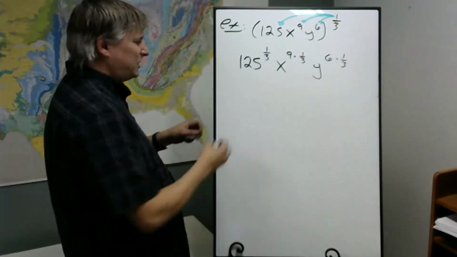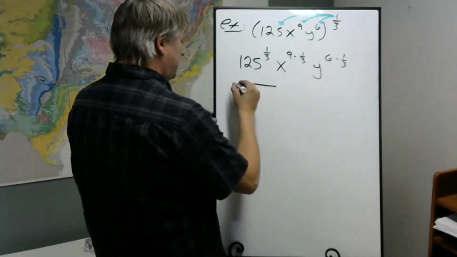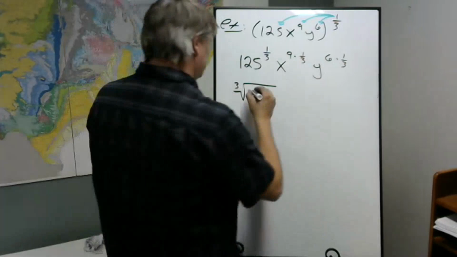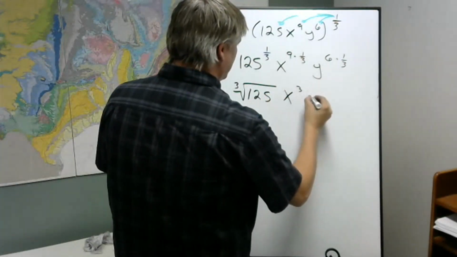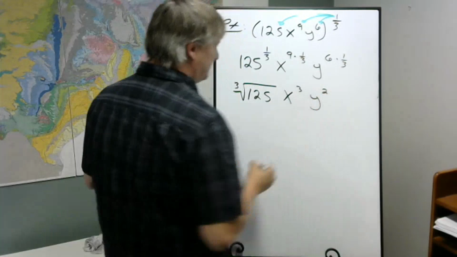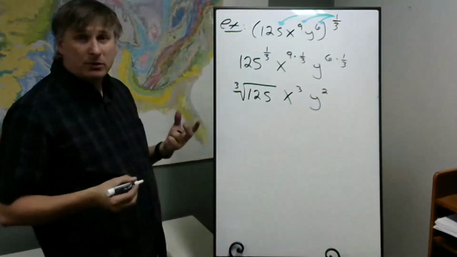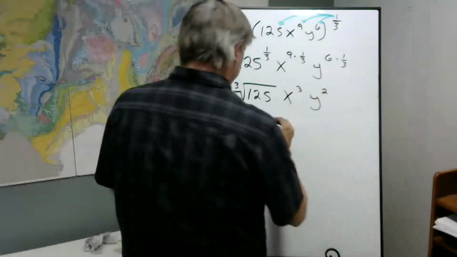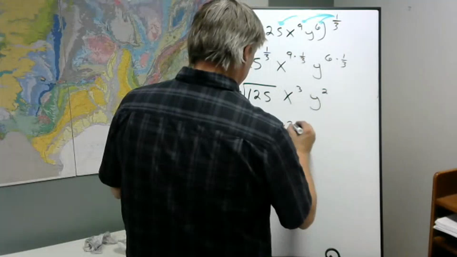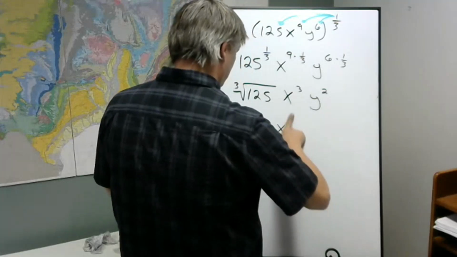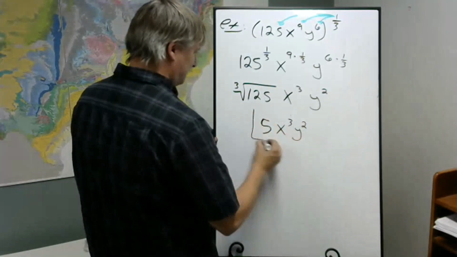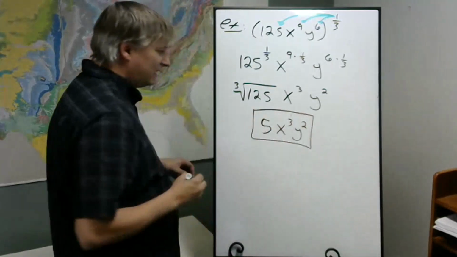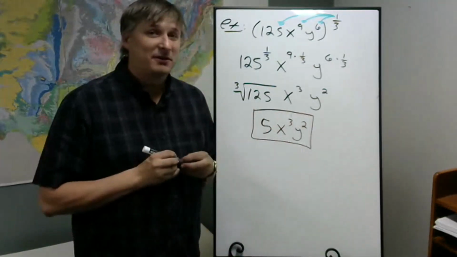So cube root of 125, that's what this means. This is x to the 3rd, y to the 2nd. Cube root of 125 is 5. And that's going to be your answer.